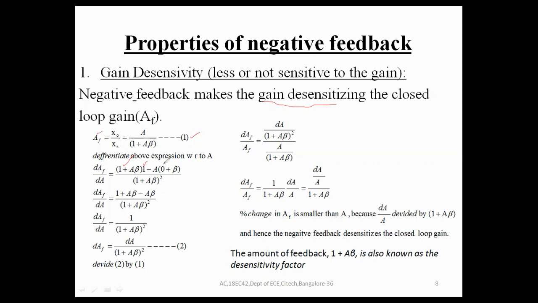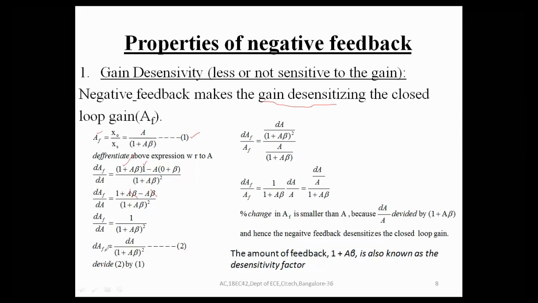Differentiation of 1 is 0, plus differentiation of A beta gives beta, divided by denominator square. If you simplify the numerator, it becomes 1 plus A beta minus A beta; the A beta terms get cancelled. So dAF by dA equals 1 over (1 plus A beta) whole square.